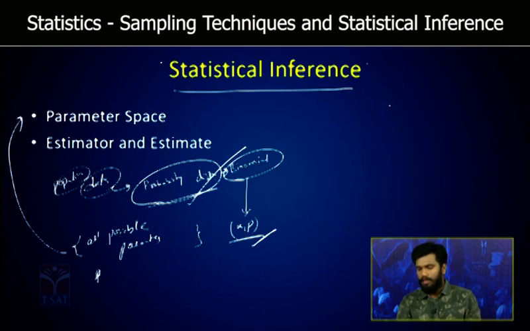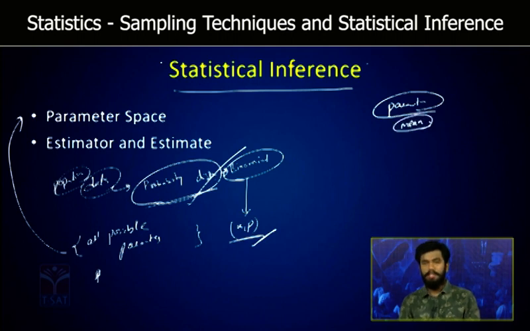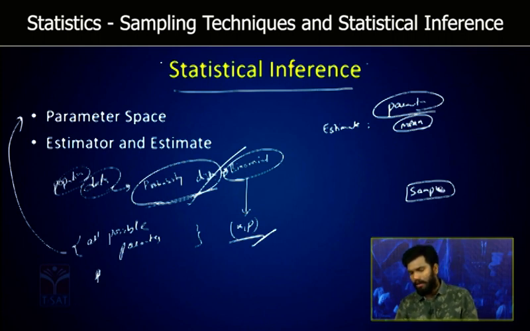Now, among the parameters, let us consider we are estimating the mean of the distribution. Our goal is to estimate the mean of the population. For that we have drawn a sample. So we will write a function considering all the values of the sample. Let us consider that as Tn.